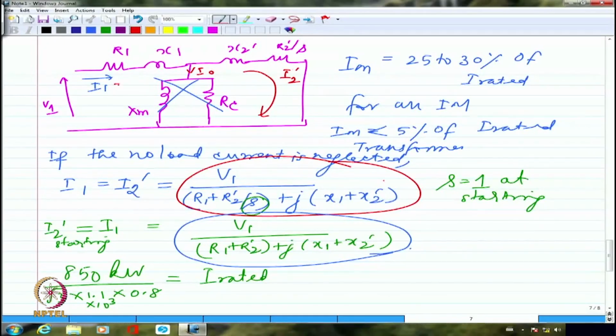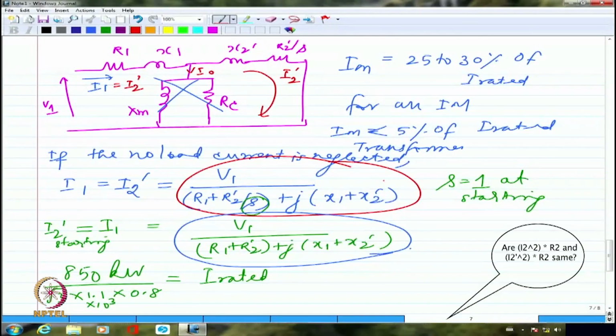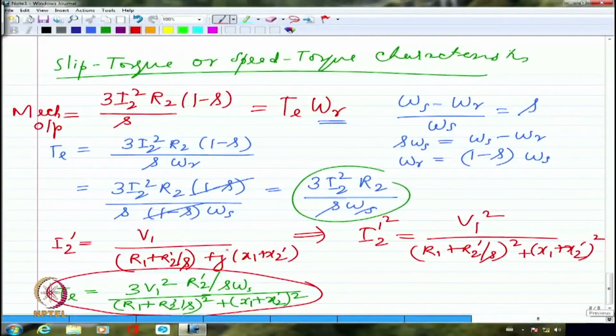So I will get I1 equal to I2 dash if I neglect the no load current. Is this clear? See, the thing is that I told you that power is invariant. I2 square R2 will be equal to I2 dash square R2 dash. So I replace R2 also by R2 dash. So I don't think there is any mistake. Is that fine? Okay?